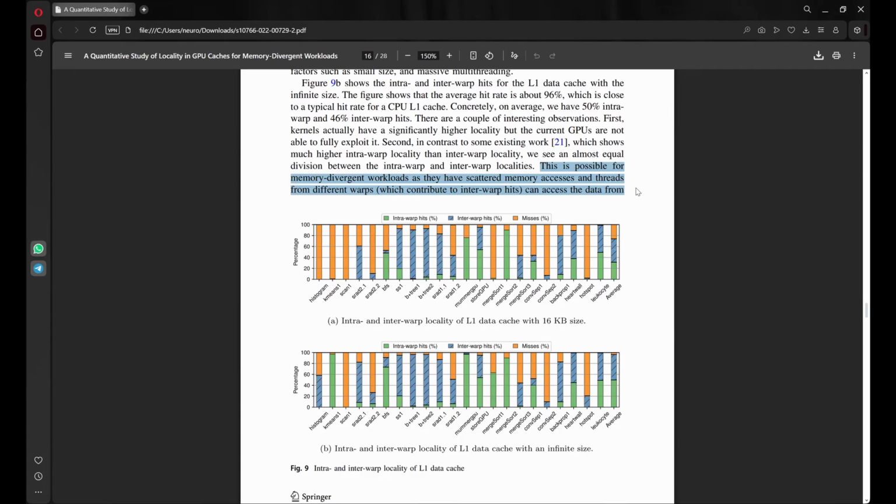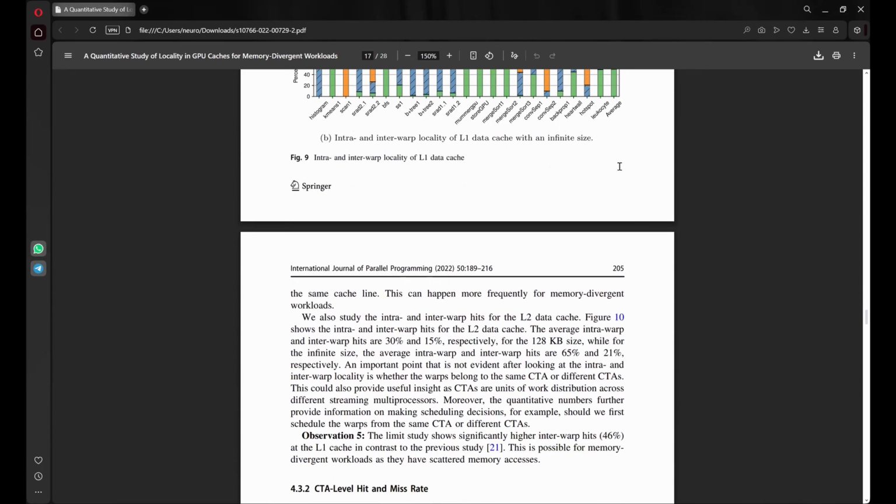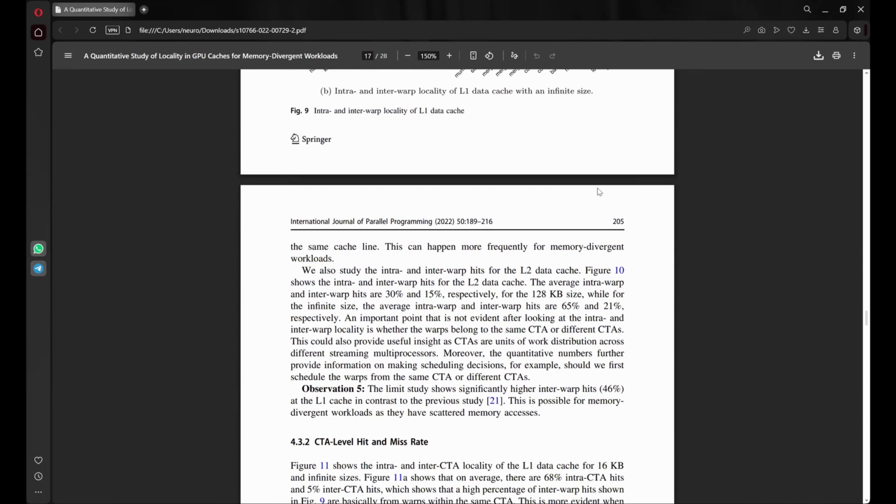This also might mean that different warps might need scattered memory accesses to the point where they're accessing similar addresses to a totally different warp. So that's the reason that in this paper, at least, we're seeing that intra-warp and inter-warp hits are near equal, or pretty close.